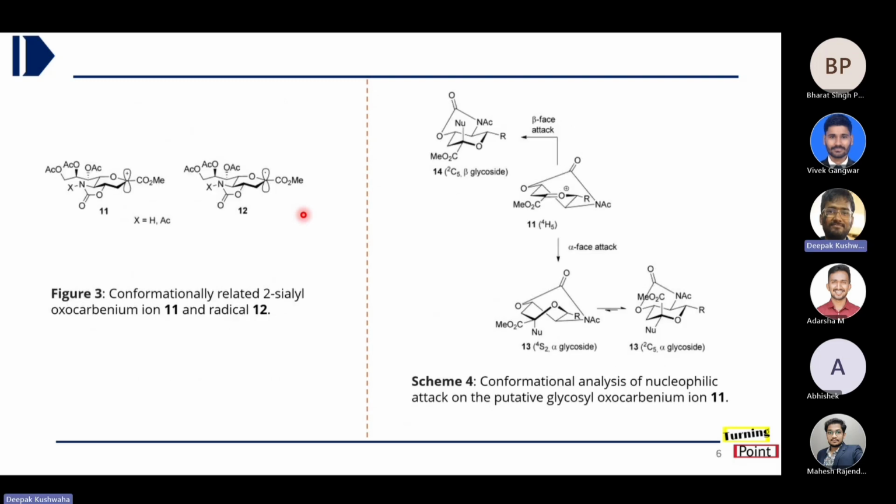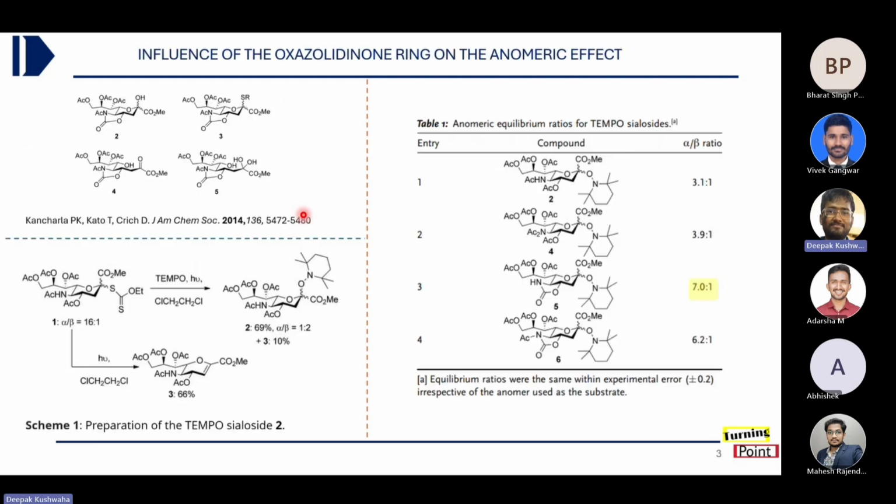Mutarotation, that's what they are saying in the case of these intermediates. If you take this kind of intermediate, the moment it goes to the open chain form, the likelihood of coming back to the cyclic form is very small. So it will stay in the open chain form only. Open chain only. Okay. Thank you.